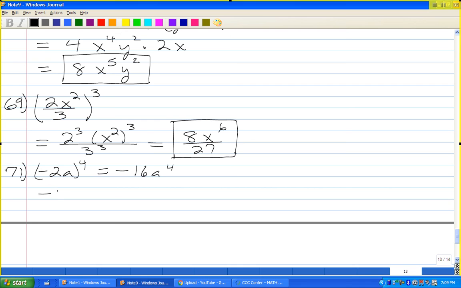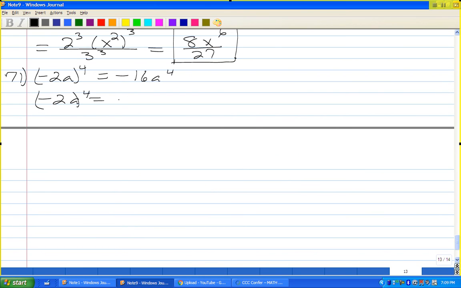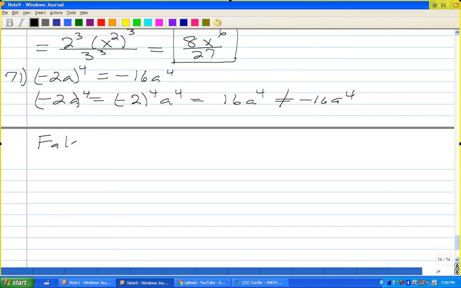Well, negative 2a to the 4th is negative 2 to the 4 times a to the 4th, which is 16a to the 4th. And that is not the same as negative 16a to the 4th. And so this statement is false.